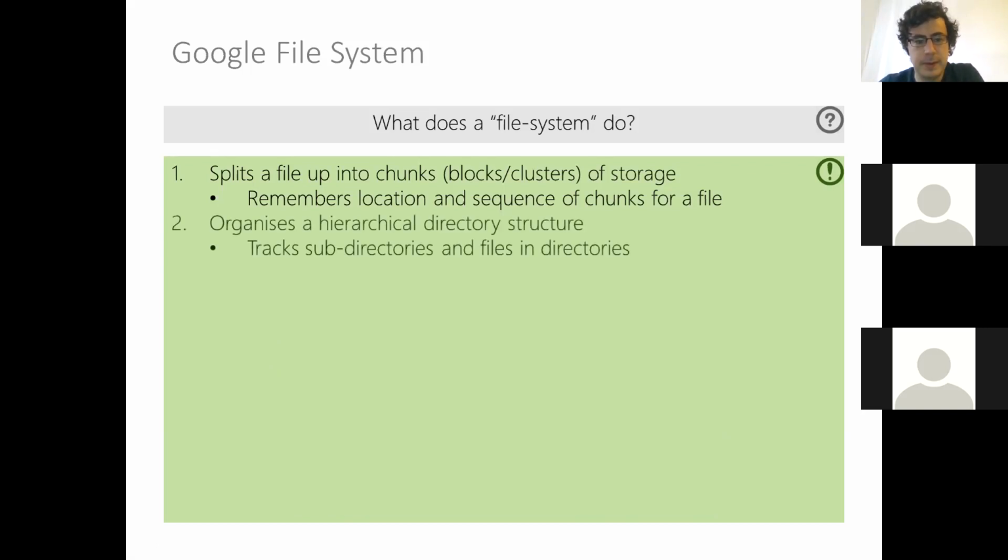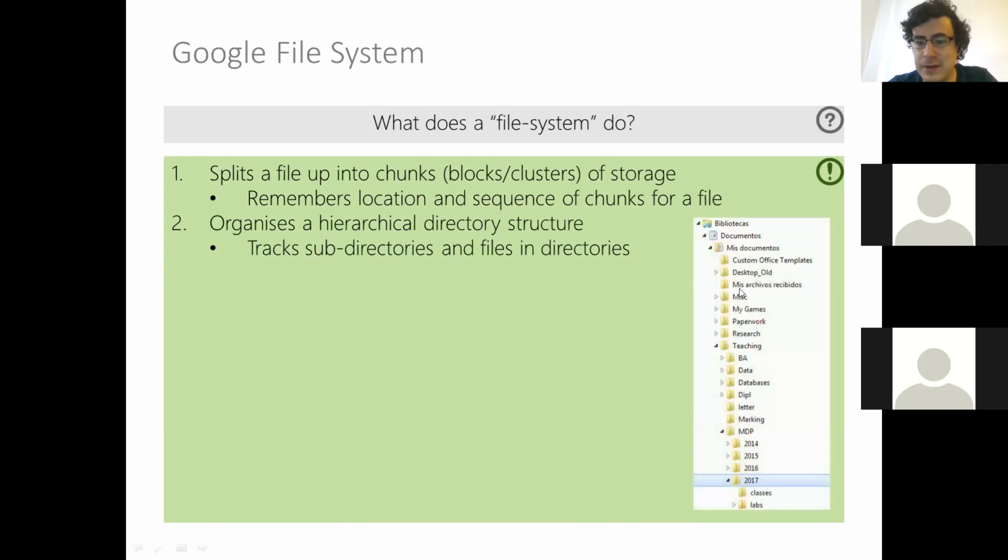Aside from splitting up a file into chunks, a file system will also organize files and directories into a hierarchical structure, like a tree. If you open up your file system, you'll get some sort of hierarchy of different folders and subfolders, and within some of those folders will be files.